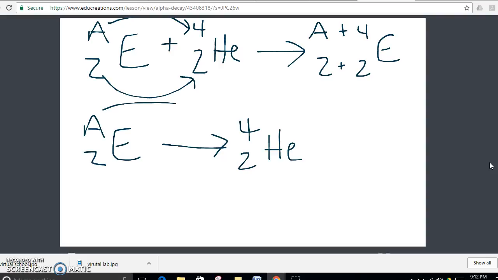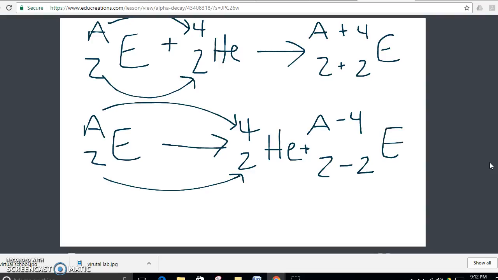So that means this number is going to go down by 4, so A minus 4, and your Z is going to go down by 2, so Z minus 2. So it's the opposite. You just basically have to remember when you add them and when you subtract. So let's work through a couple of the example problems that I gave you in your notes. I'm going to do one of each for you.